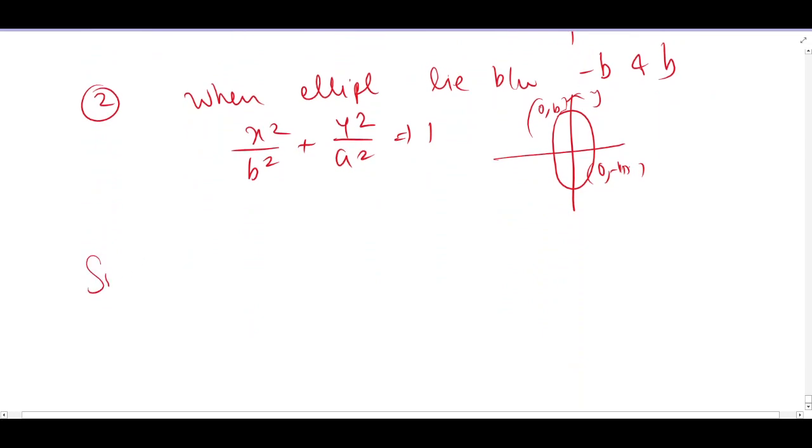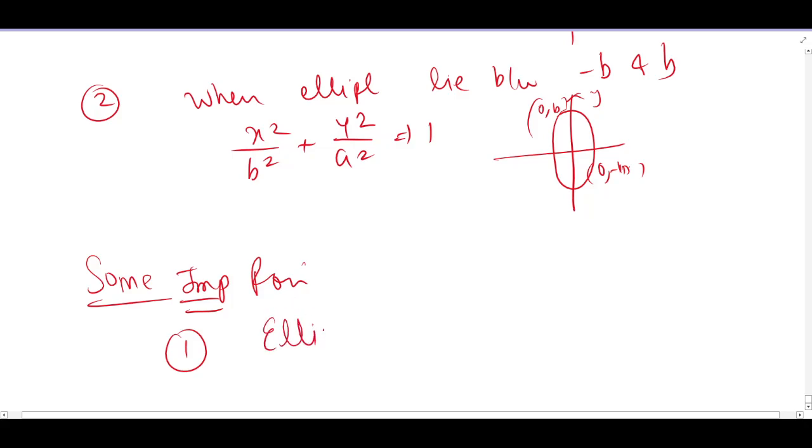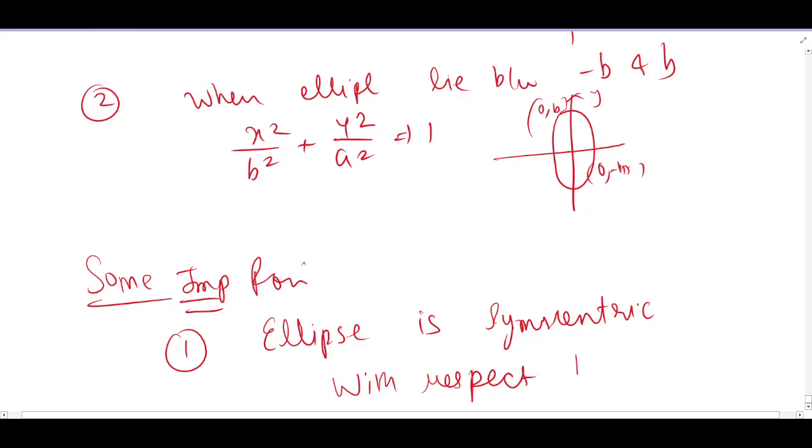So some important points related to the ellipse are: first, the ellipse is symmetric with respect to both the coordinate axes.